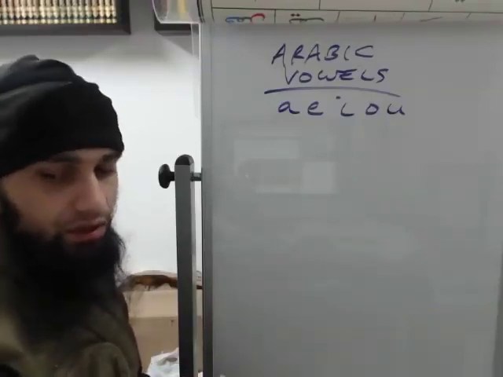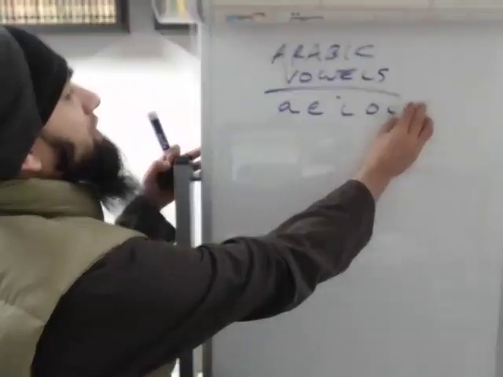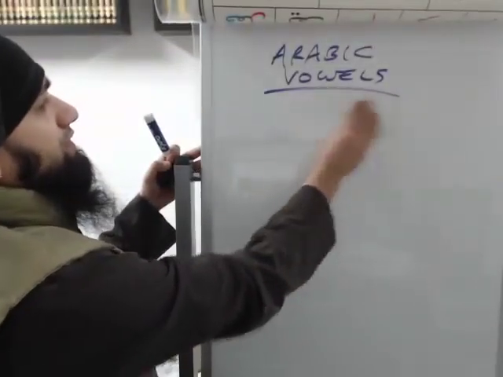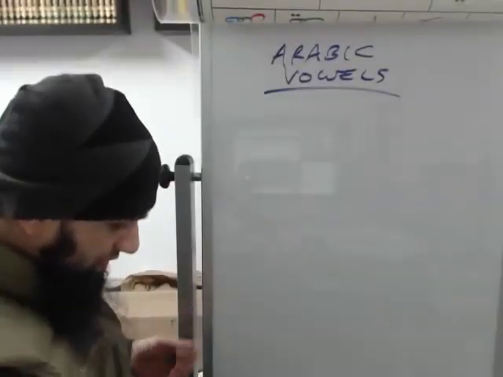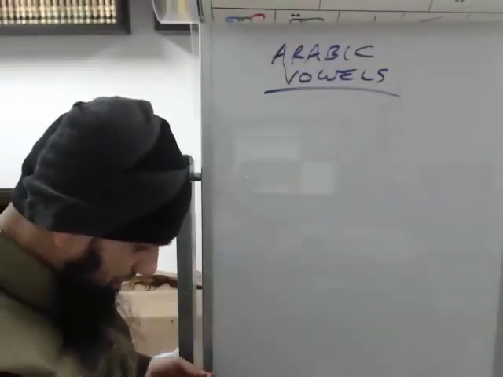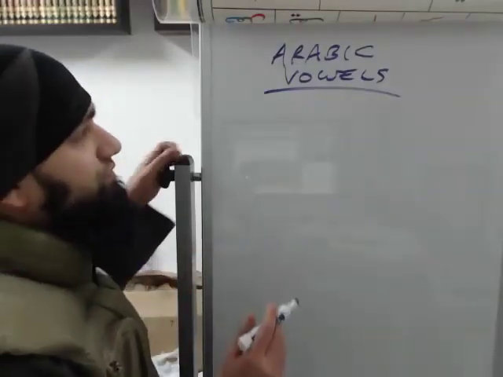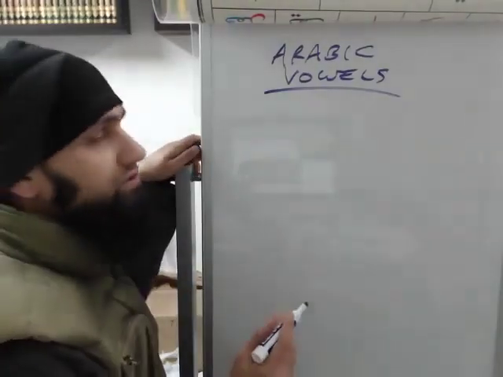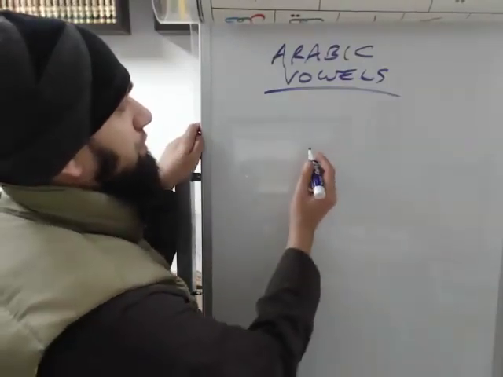In Arabic, we also have vowels, but in Arabic there are only 3 vowels, and they are something that we actually pointed out in lesson number 1. Remember in the beginning we said there are 3 long sounds, right? Those long sounds actually follow these.